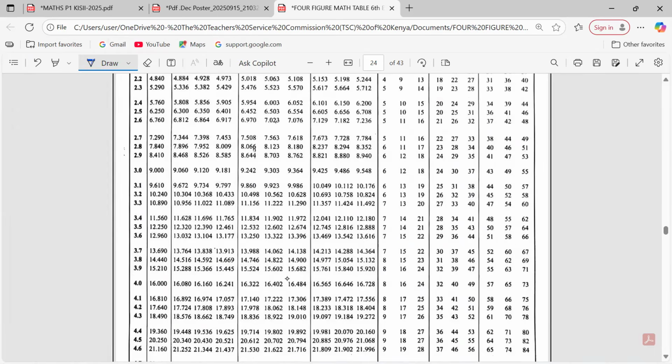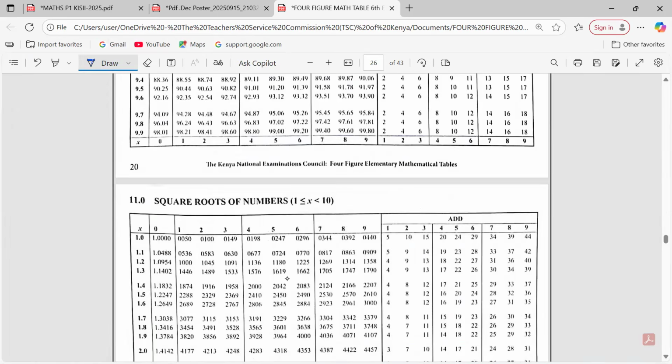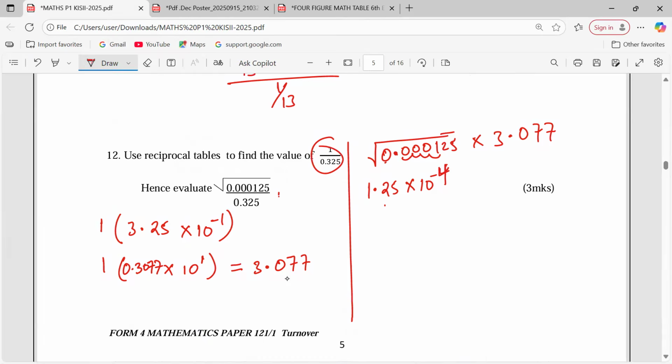So 1.2, then the column with 5. So it should be 1.1180 times 10 power negative 2.